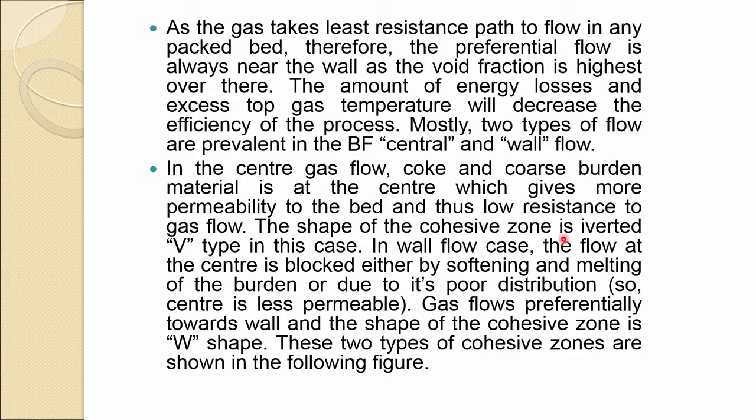The shape of the cohesive zone is an inverted V in this case. In the wall flow case, the flow at the center is blocked either by softening and melting of the burden due to its poor distribution. So, the center is less permeable.